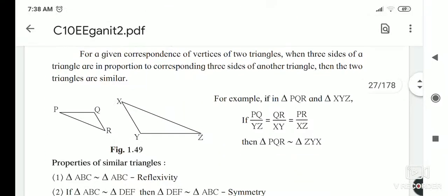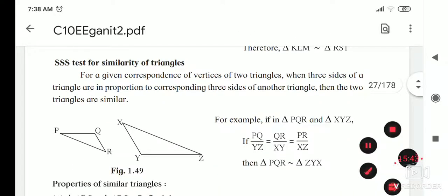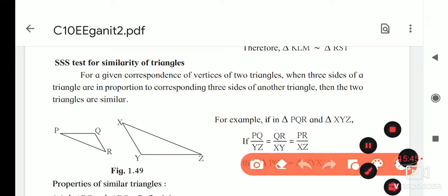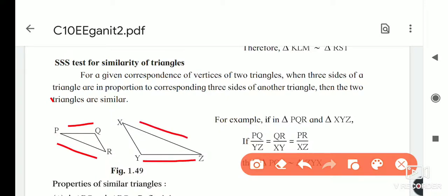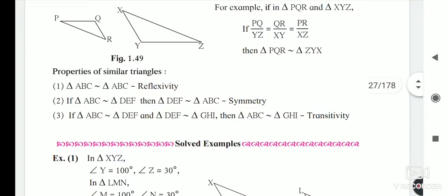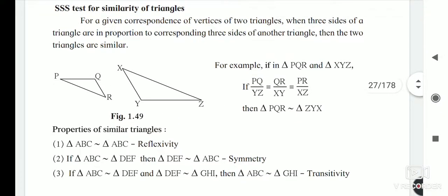Next is the SSS test of similarity. For a given correspondence of vertices, if three sides of one triangle are in proportion with the corresponding three sides of another triangle, that is, PQ upon XY equals PR upon XZ equals QR upon YZ, meaning the ratios of corresponding sides of the triangles are equal, then the given triangles are similar to each other by the SSS test of similarity.